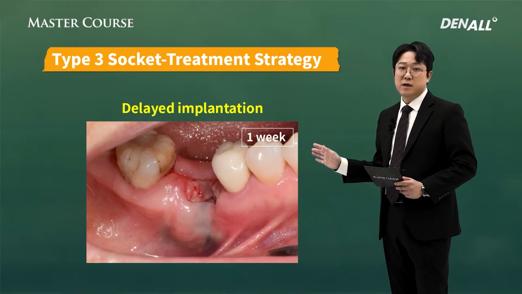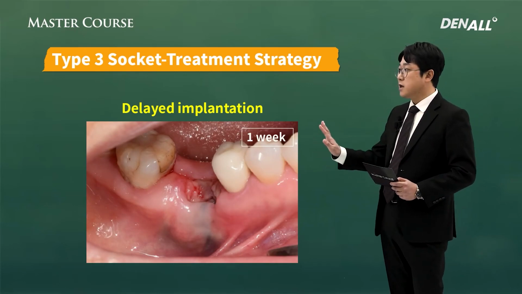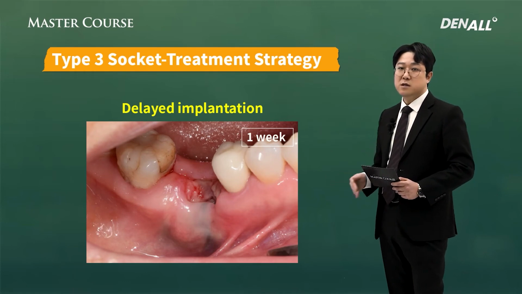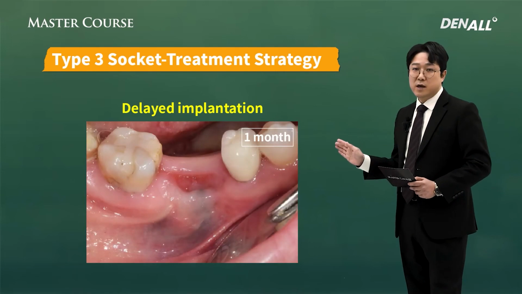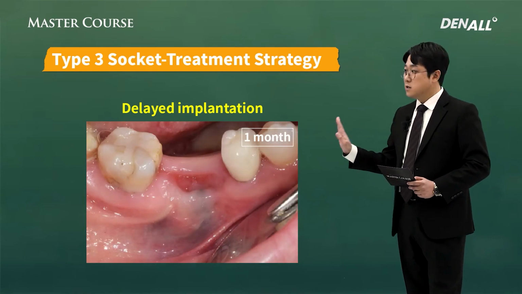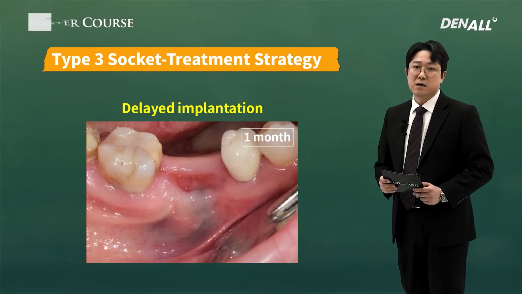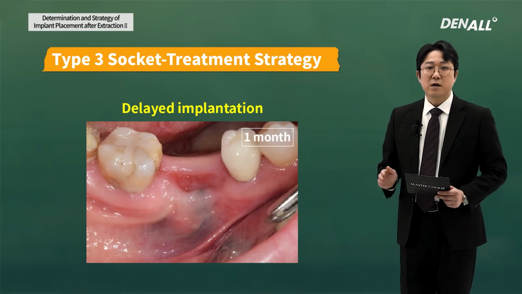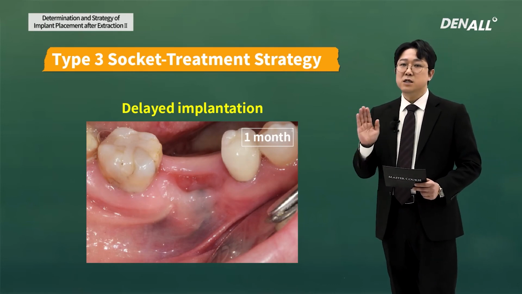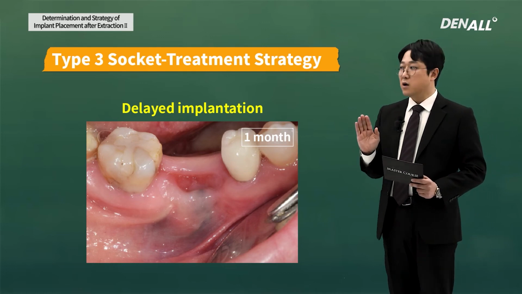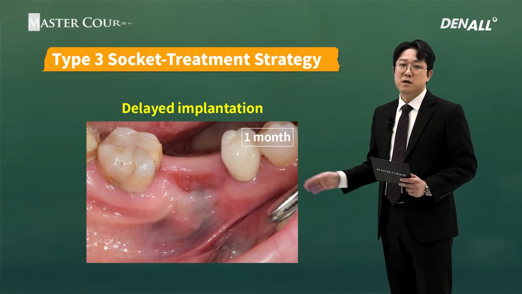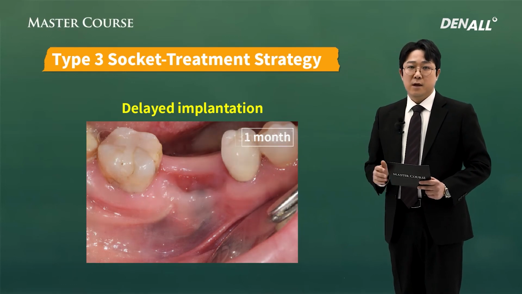After extraction, this is 1 week later, and already buccally, the volume is much reduced. 1 month later, buccal volume is resorbed a lot, and when there's bone loss as well as gingival resorption, the socket size becomes reduced very quickly.